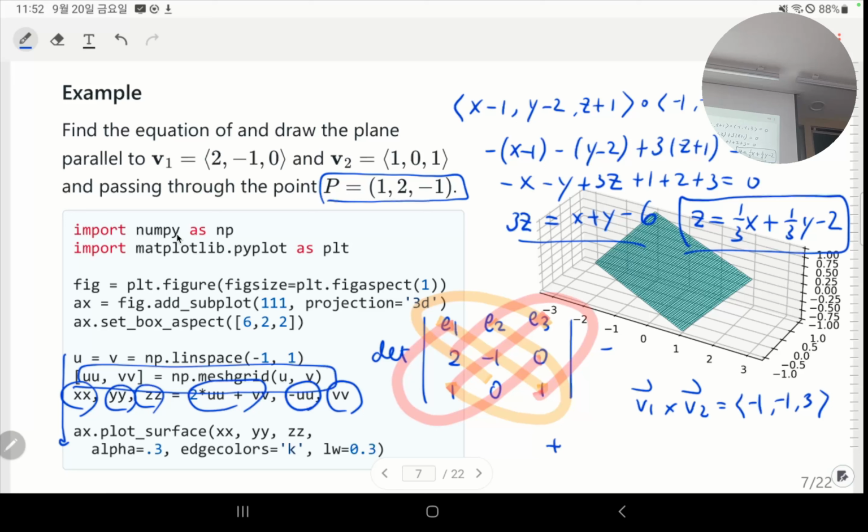Oh, I think I forgot to shift this part. Okay, anyway, I can fix it together. But why? You can see that this is not the same way we formulated our plane.